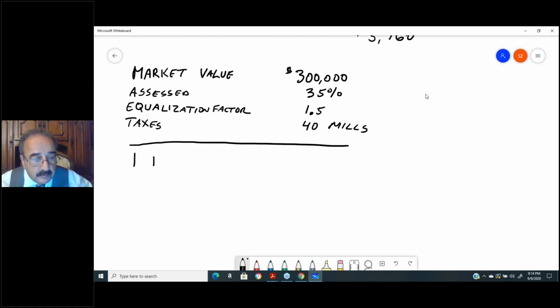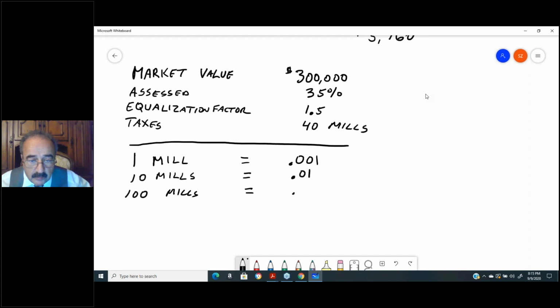1 mil equals 1/1000th of a dollar, 0.001. 10 mils equal 1 penny. 100 mils equal 10 cents.